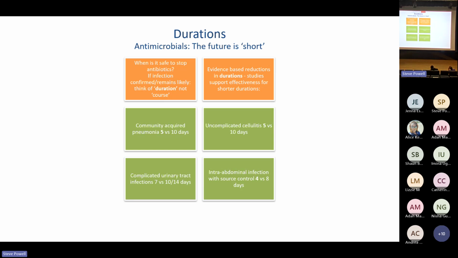We always want to keep durations to the minimum that's safely possible. And we know there is more and more data that what we thought was a safe minimum is shorter than it used to be. So we don't have to routinely give 10 days for everybody with a complicated urinary tract infection. We can give 5. We don't have to give 7 or 10 days for every community-acquired pneumonia. We can probably give 5. And you can see these studies, happy to share them with you in due course.